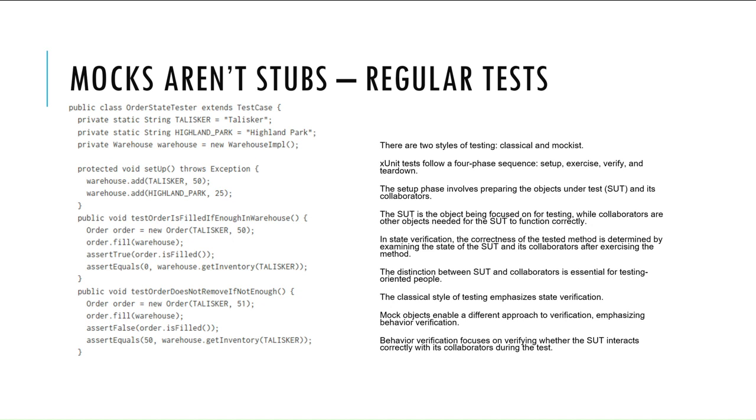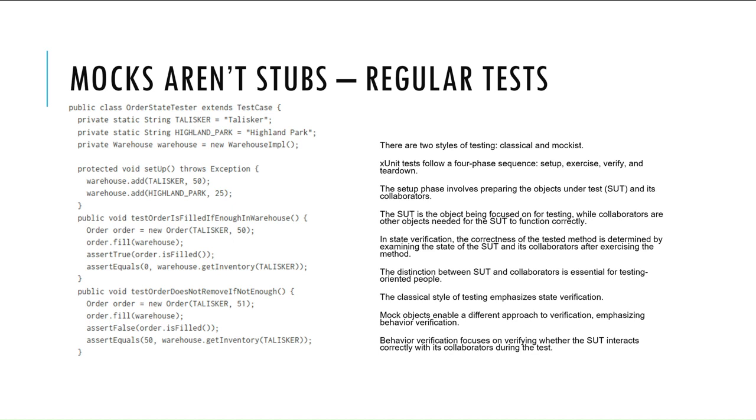In state verification, the correctness of the tested method is determined by examining the state of the SUT and its collaborators after exercising the method. The distinction between SUT and collaborators is essential for testing oriented people.